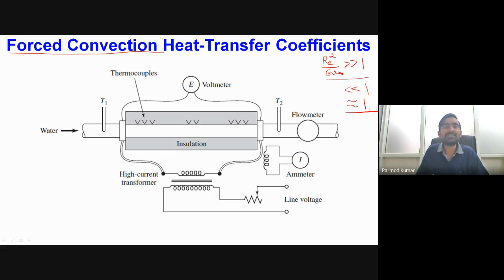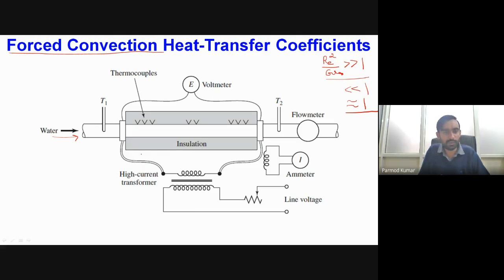In this first arrangement, where we want to measure the forced convective heat transfer coefficient, I have taken a situation with a heated pipe and flow of water through this heated pipe. What are the primary measurements which we need to do?